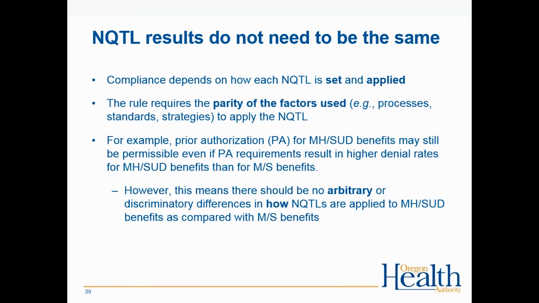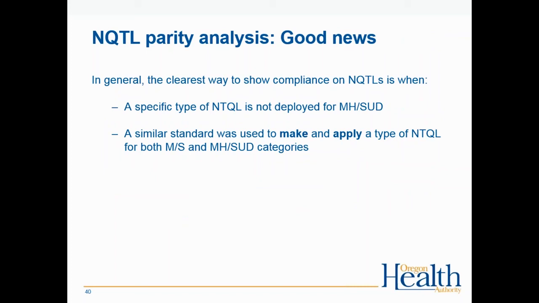To summarize again, establishing parity in the setting and applying of particular NQTL types includes documenting the standards and evidence used in setting the limitation, factors in defining the process for the application, and operational processes for applying the limitations consistently.